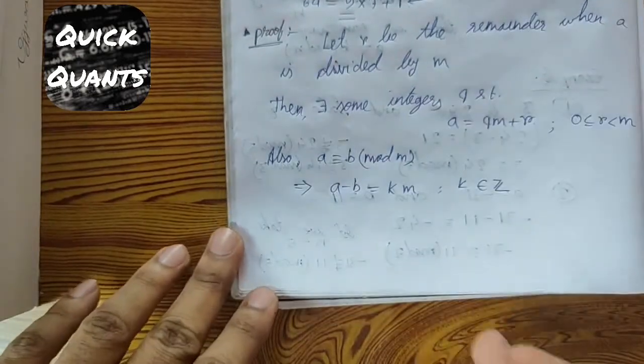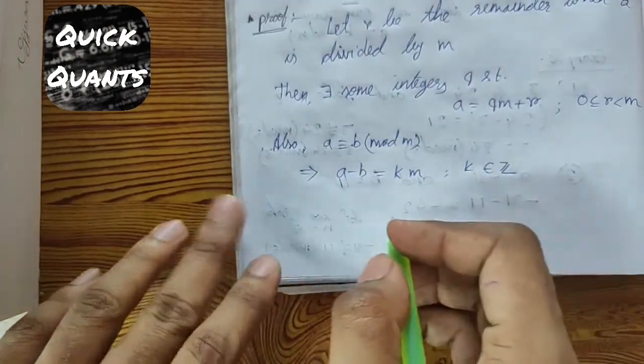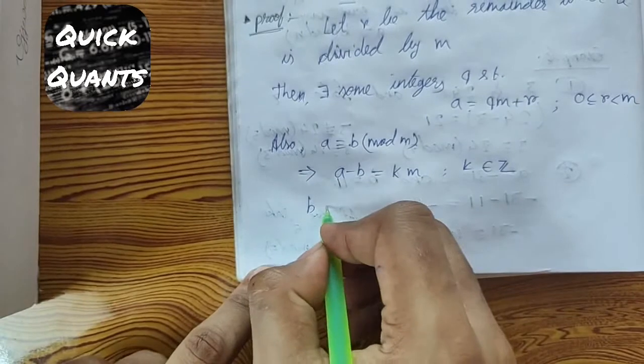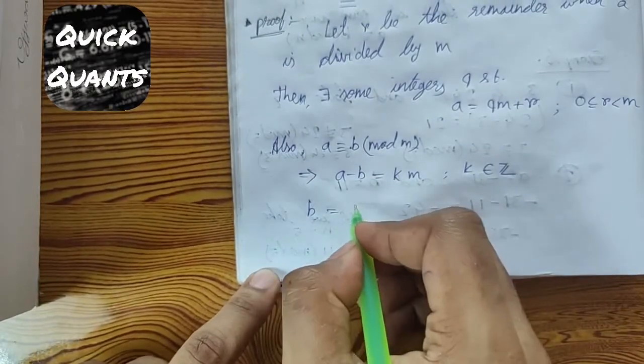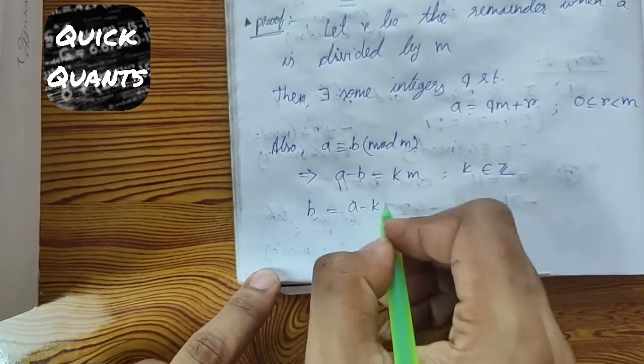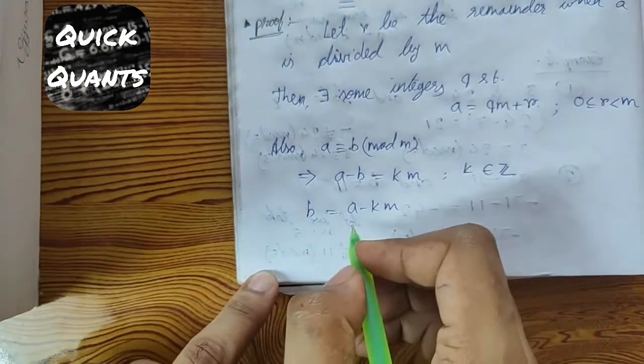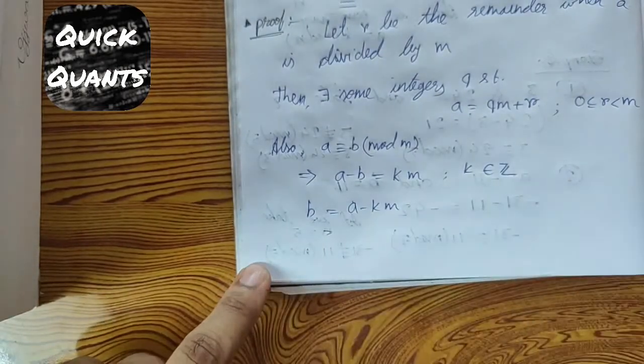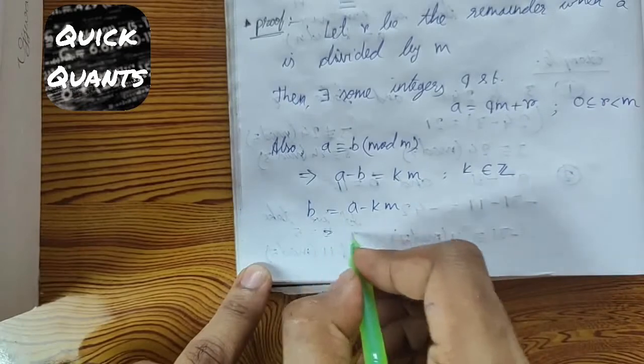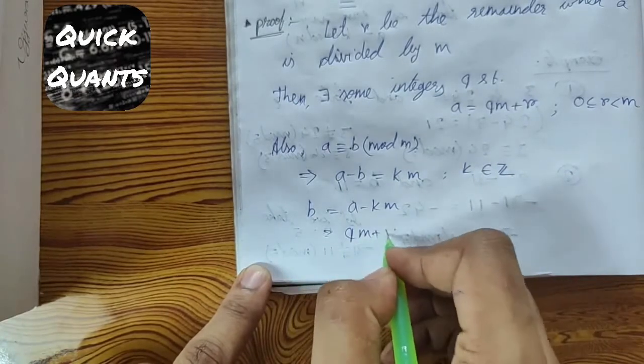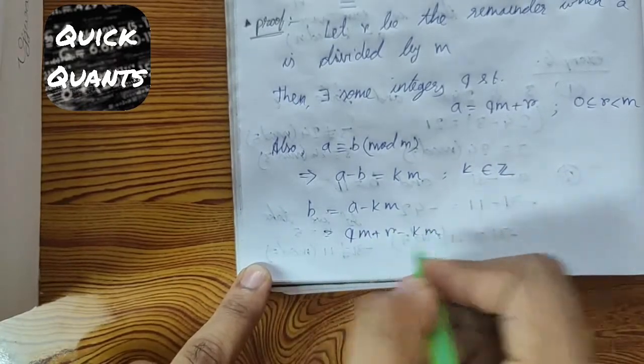Okay, so we can write B as A minus Km. Also if we see above, we write A as Qm plus R, so B is Qm plus R minus Km.